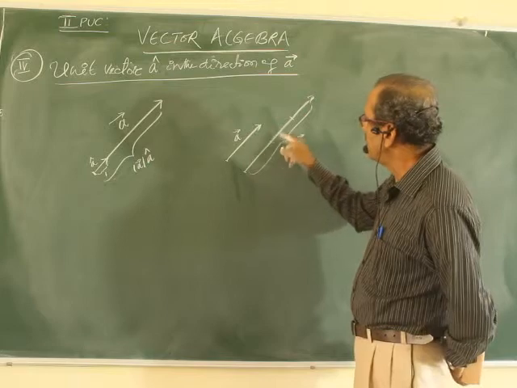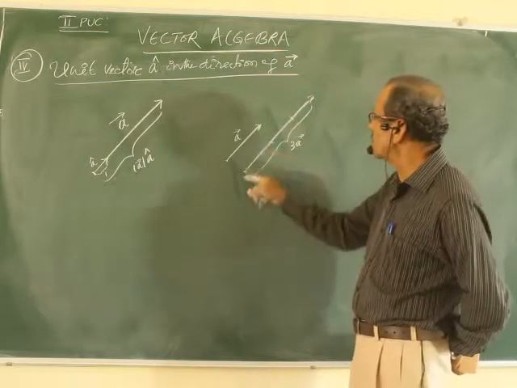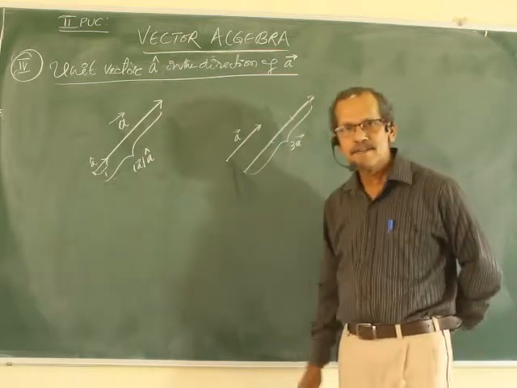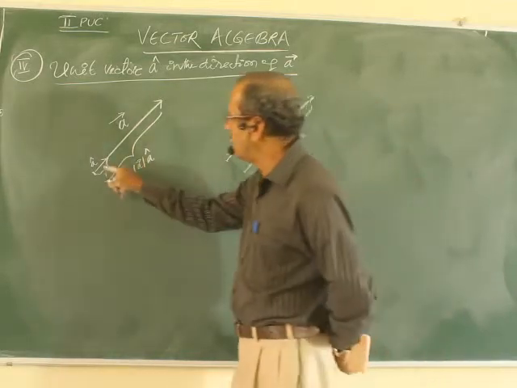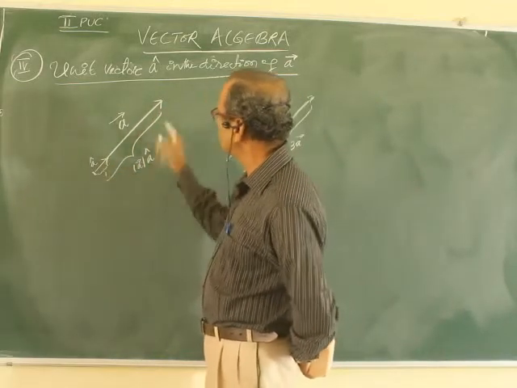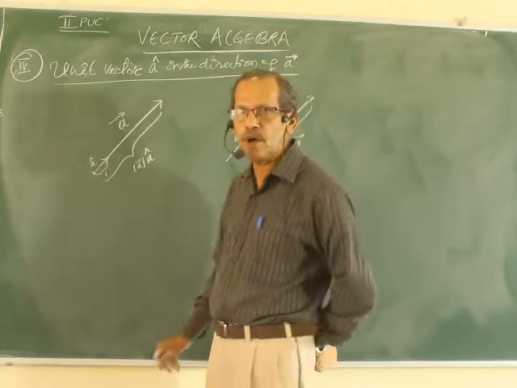What you have done? Vector A multiplied by 3 times, because the total length of this vector is 3. 3 times the vector of this. Similarly here, total length we don't know.